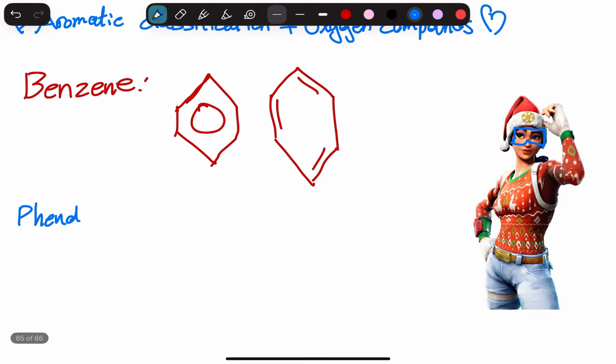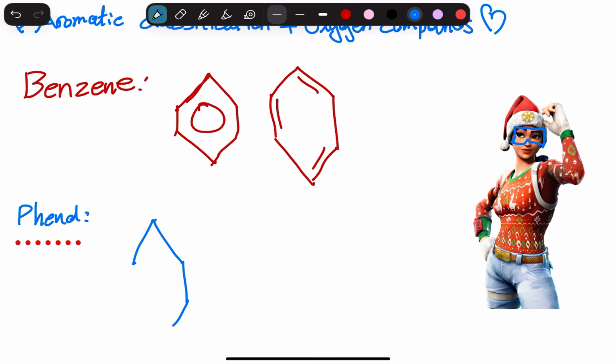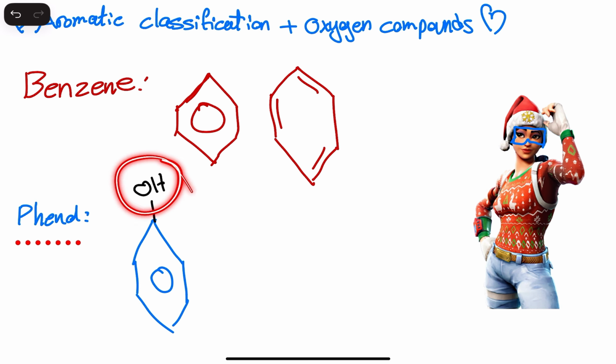A phenol is when we have a benzene ring, and then we have a hydroxy group attached to it. A hydroxy group is basically an OH group, and we're going to see later that this is what makes alcohol compounds, and it will also make sense later why phenol ends with O.